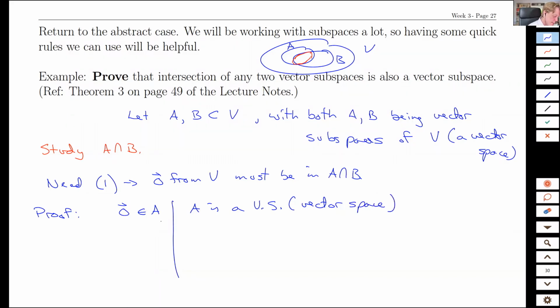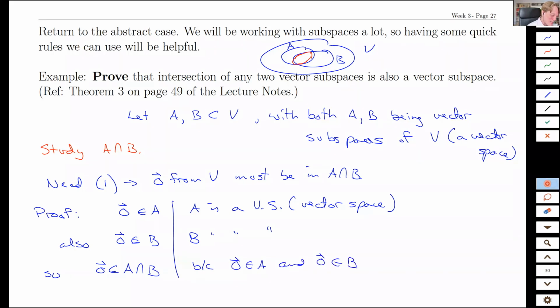If A is a vector space, one of the properties is that it has a zero vector in it. Also, you can see where this is going. The zero vector is in B because B is a vector space. And so 0 has to be in A intersect B because 0 is in A and the 0 element is also in B. And that's what it means to be an intersection, that you're all the things that are in both A and B. Phew, that was easy. Yeah, so this is the zero value. We've got that for free.